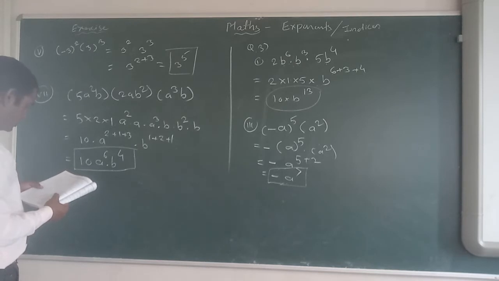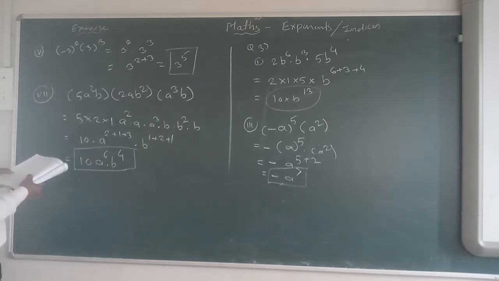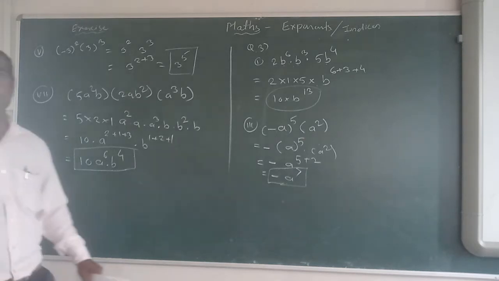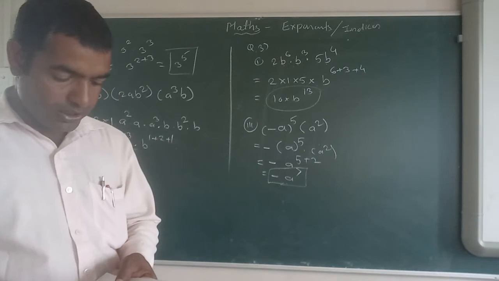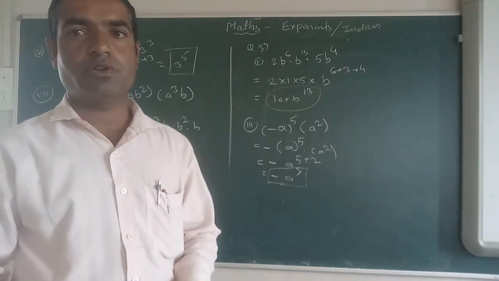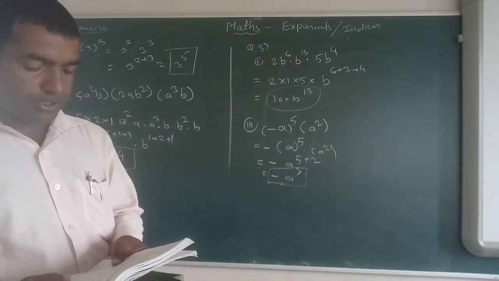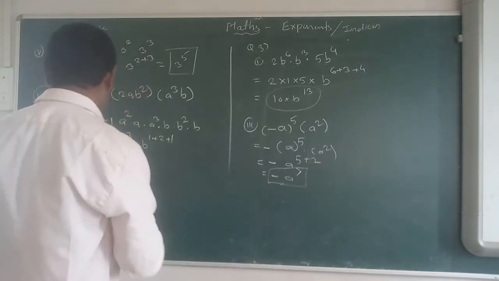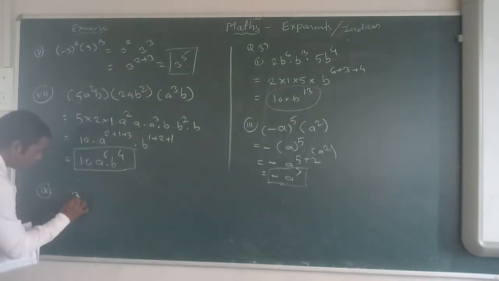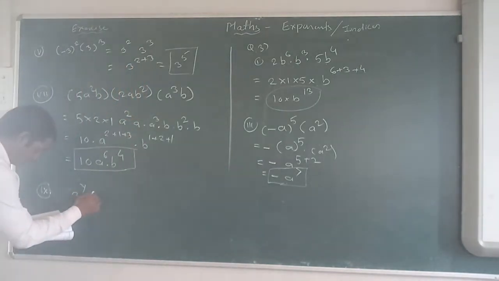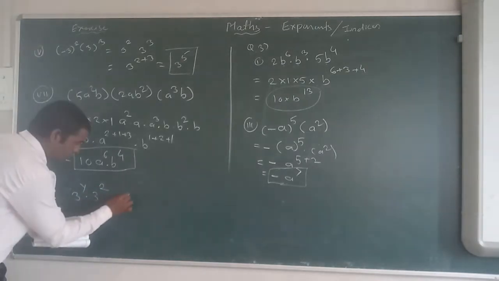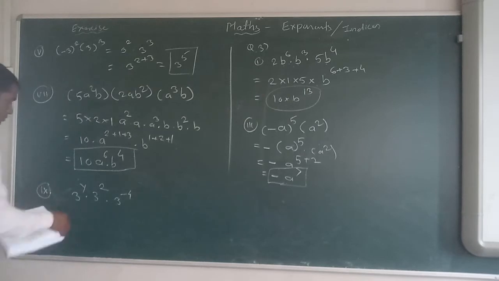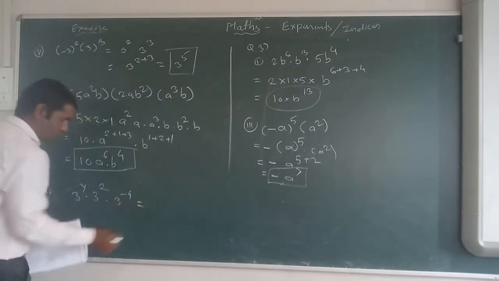So after that we will see the next one, the 9th problem. Question number 9. What question is given in 9? 3 raised to y into 3 square into 3 raised to minus 4. Some powers are plus and some powers are minus, but you don't worry about that. So 3 raised to y into 3 raised to 2 into 3 raised to minus 4. Since we multiply here, we will take the product power.